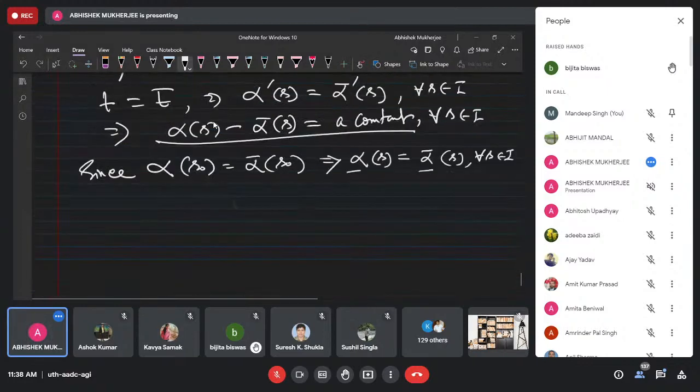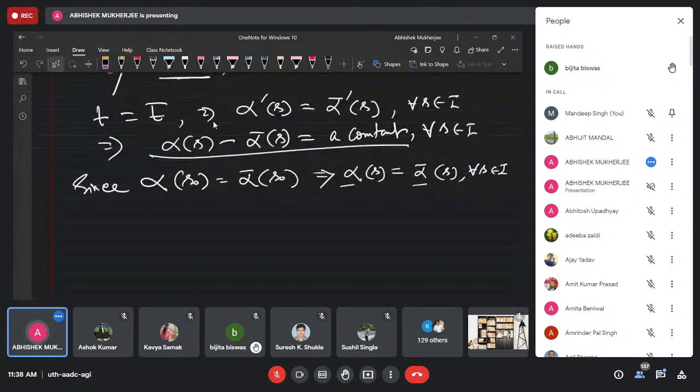Okay. So this proves the uniqueness of alpha and alpha bar having the same curvature and torsion up to a rigid motion. Okay.